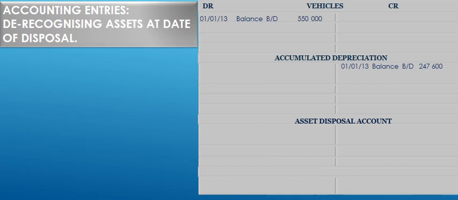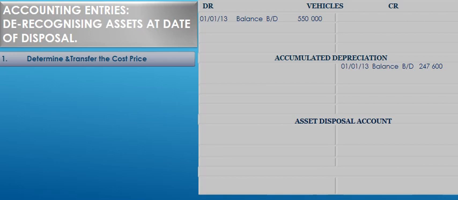Then the following steps will be followed. Step number 1 will be to transfer the cost price of the vehicle into the asset disposal account. We will therefore create general journal entries where the vehicle account will be credited with the asset disposal, posted from the general journal.